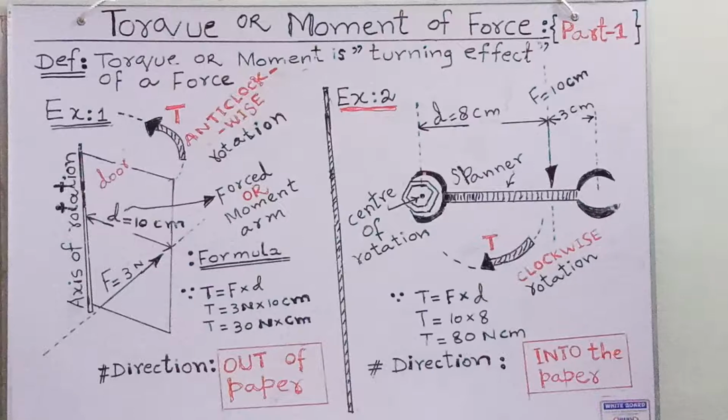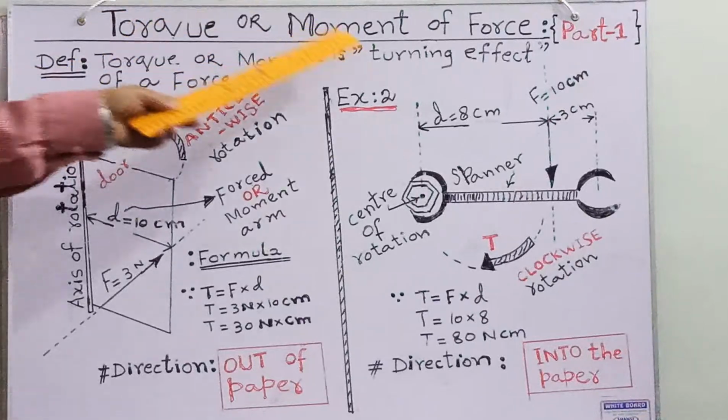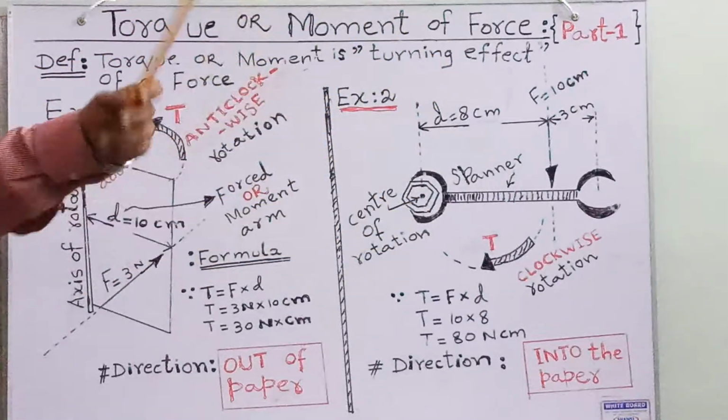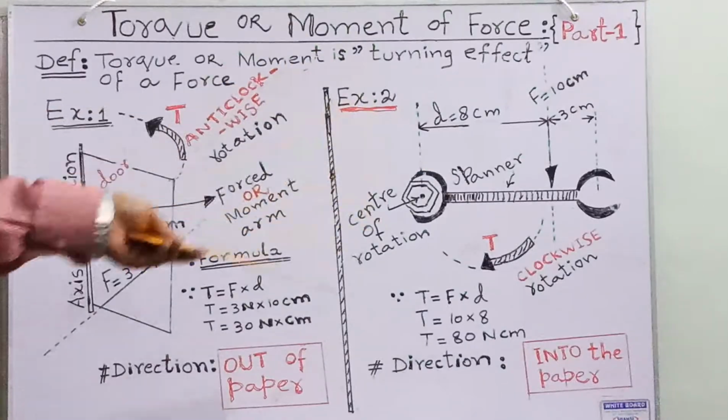So let's come to the topic, and first to the definition of torque or the moment of force. Look at this diagram. This is the definition. What is torque or moment? Torque or moment is a turning effect which is produced by any force in any body or in any object.